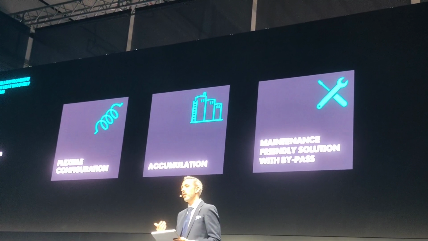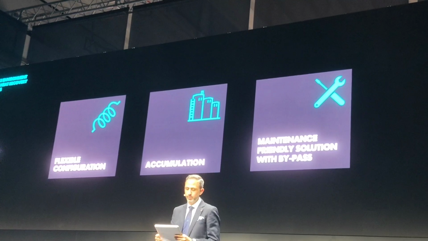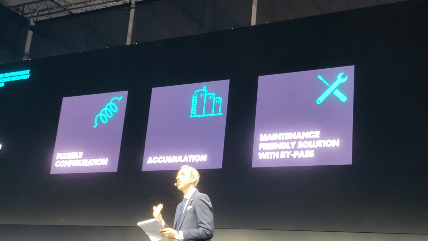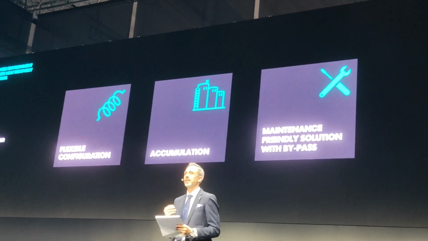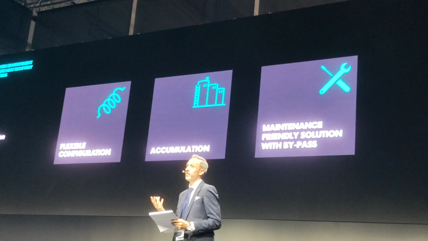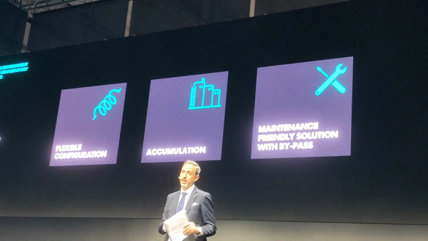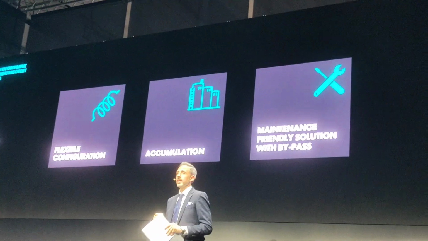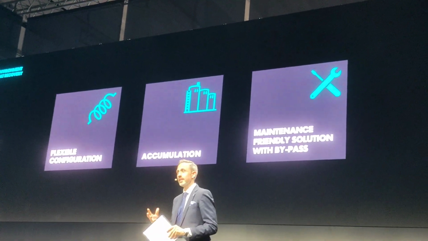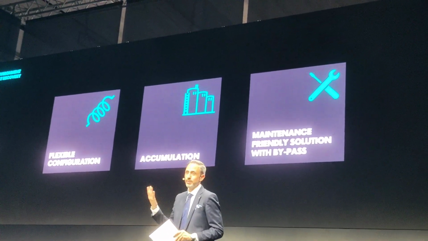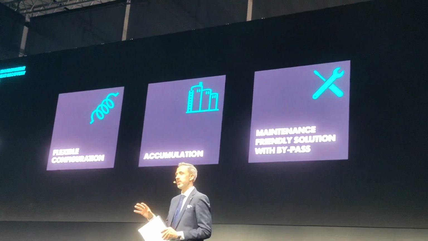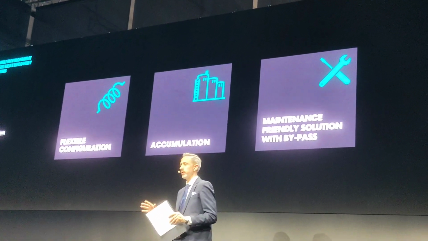Then, in case of special requirements of the customers, it's possible to further increase this maintenance-friendly concept by installing, for example, a bypass line in case of installation of a boiler or a heat exchanger, in order to allow additional maintenance activities, if any, on this equipment without stopping the steel production.